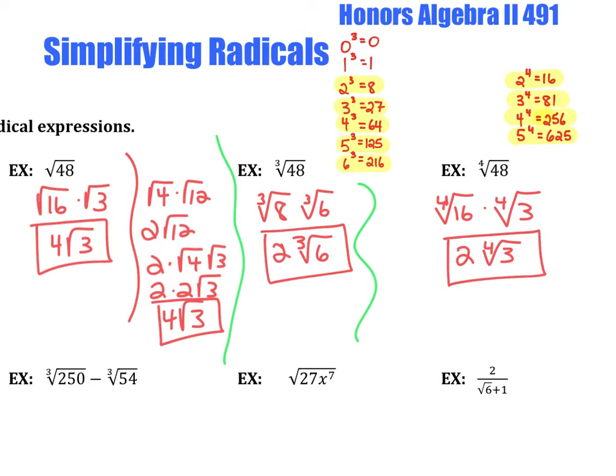You may, again, be very familiar with doing it with square roots, so you don't even think anything about it. But the process for simplifying cube roots and fourth roots is going to be similar, but instead of looking for perfect squares that are factors of the given number underneath the radical, you are looking for factors, for example, that are perfect cubes of the number that's underneath the radical.